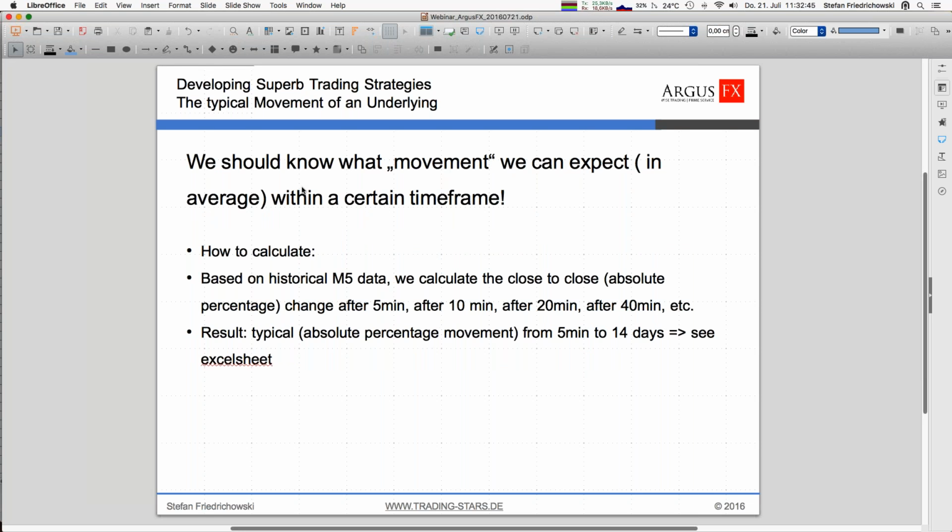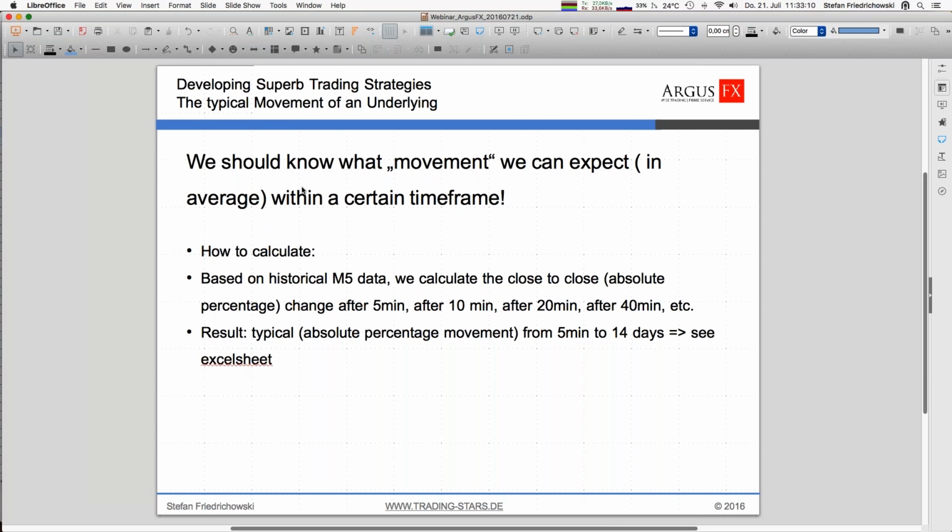And you may already ask yourself, hey, does that have an impact on my trading if I have an underlying with a typically small movement, or with a high movement? High means a high percentage change of the price. So how can we get those numbers?